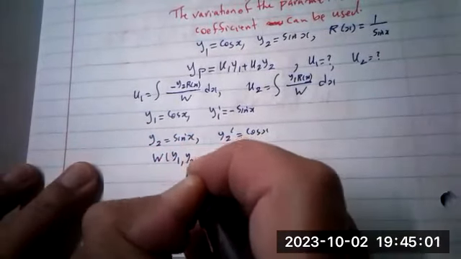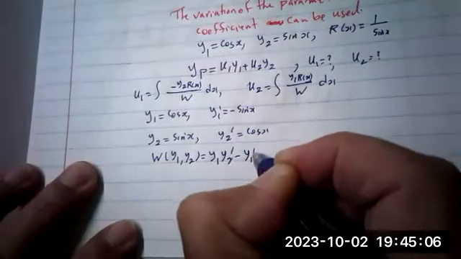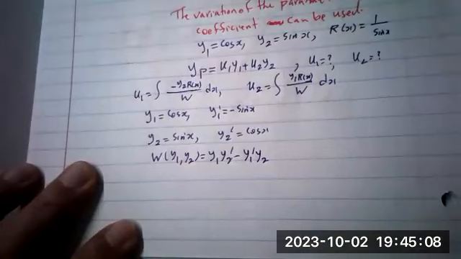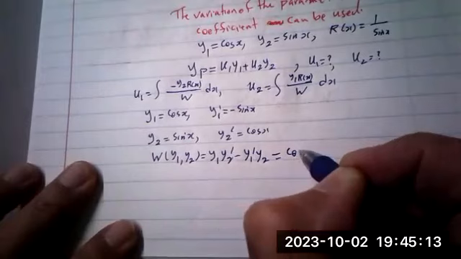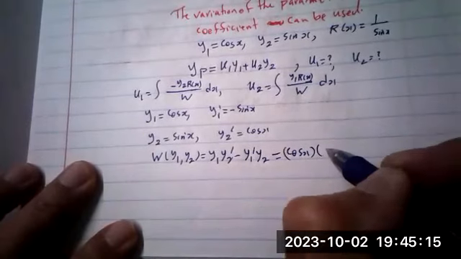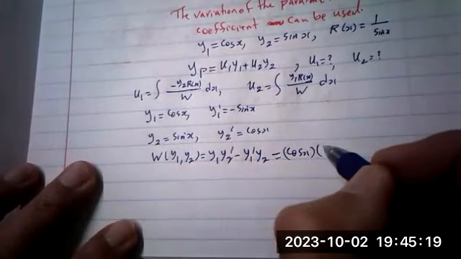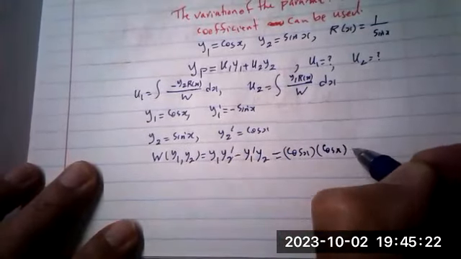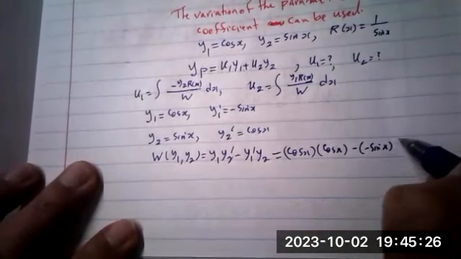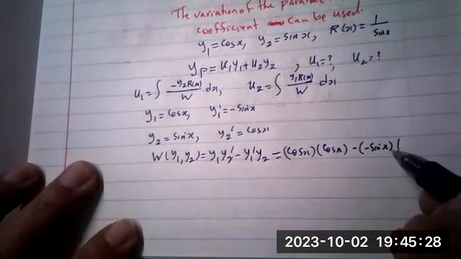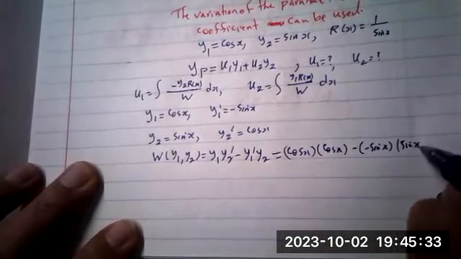The Wronskian is y1 y2 prime minus y1 prime y2: cosine x times cosine x minus negative sine x times sine x.